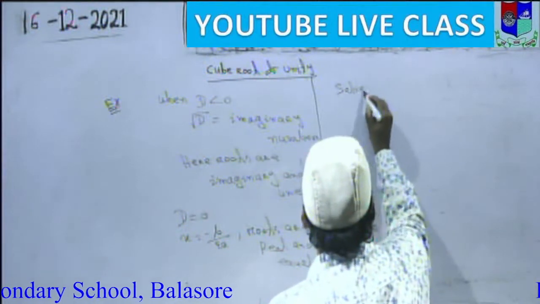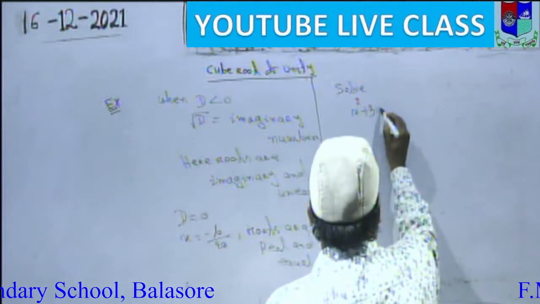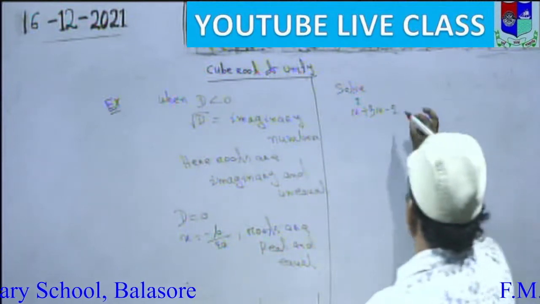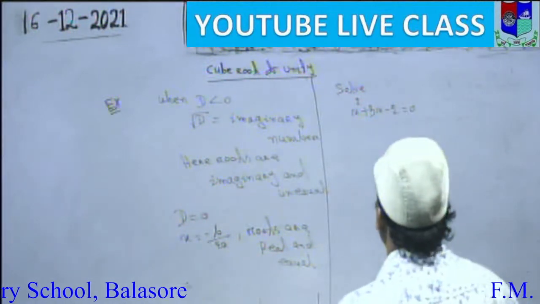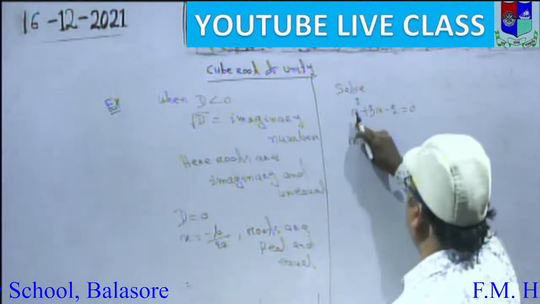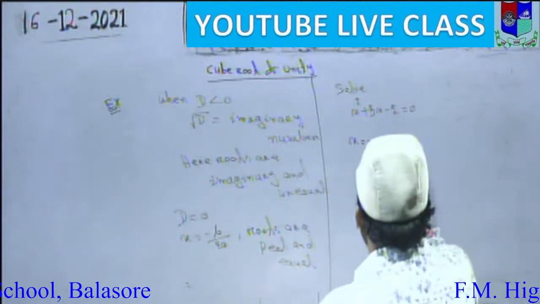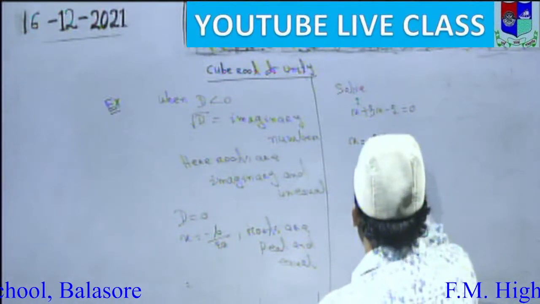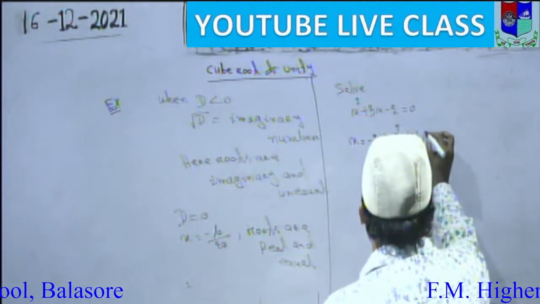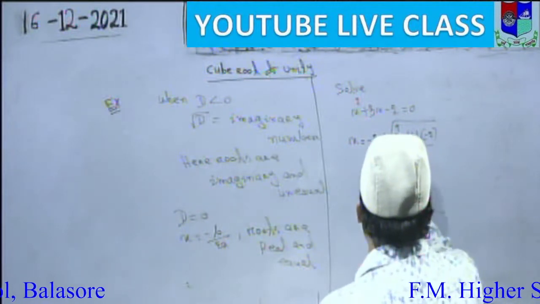One example. Solve x square plus 3x minus 2 equal to 0. So what will be x? A is 1, b is 3 and c is minus 2. Minus b plus or minus square root of b square minus 4ac divided by 2.